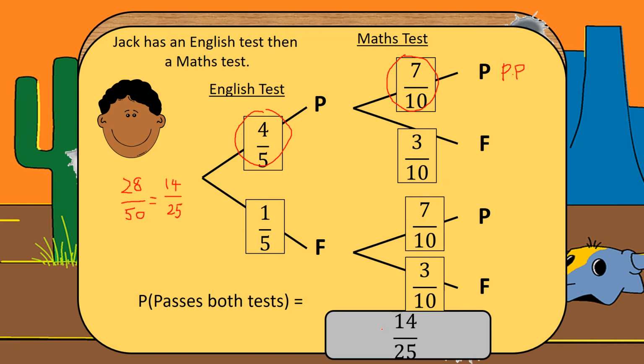So we should look out as well to see if we can do any simplifying. We always want to give our answer as simple as possible. 14 out of 25 is his chance of passing both tests. That's a bit better than a half. 12.5 out of 25 would be a half. So it's a bit better than a half chance of passing both.